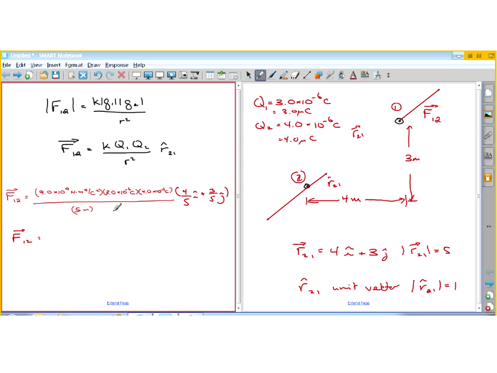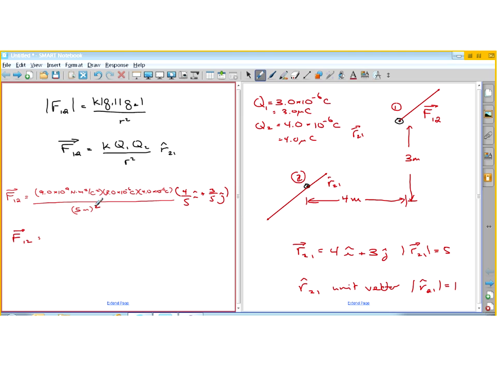So what we can do is the calculation of the numbers at the front, which would be 9 times 10 to the 9th times 3.0 times 10 to the minus 6 times 4 times 10 to the minus 6, divided by, oh, I forgot to square that, 5 squared.